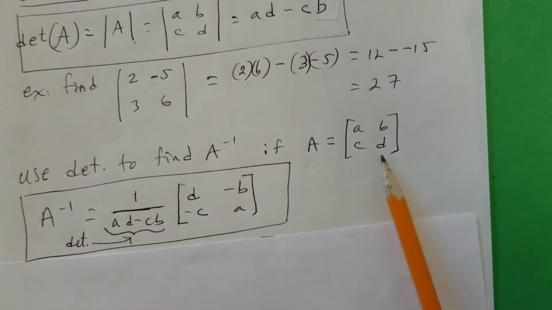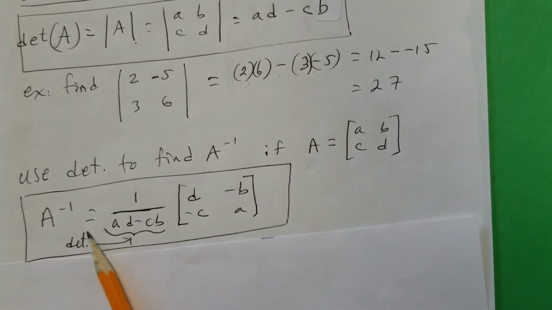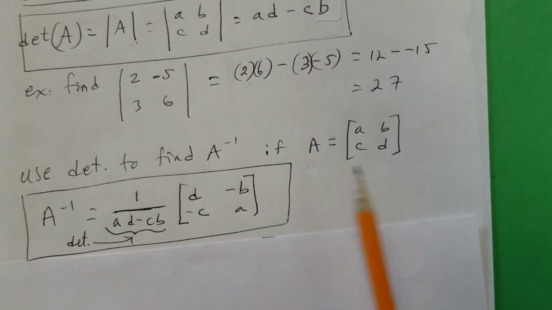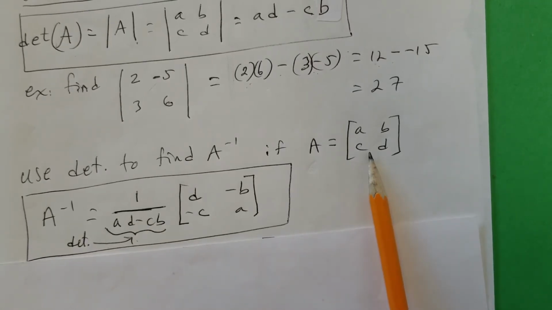Well, Mr. C, we just did it. You put the I next to it, blah, blah, blah, row operations. No, there's another way. That's the old way. Here's another way. The inverse is 1 over the determinant multiplied with your matrix. Here's your given matrix.